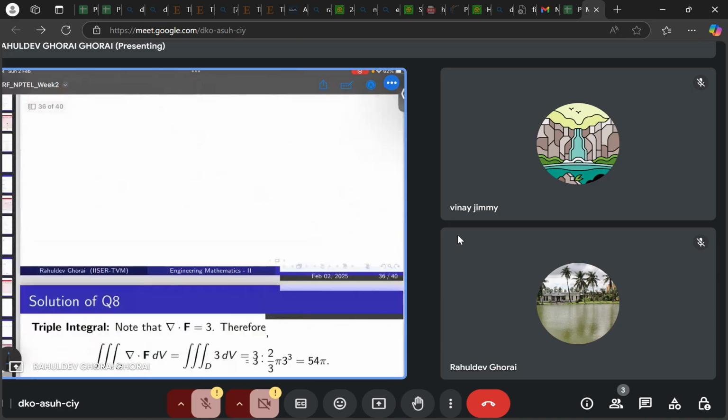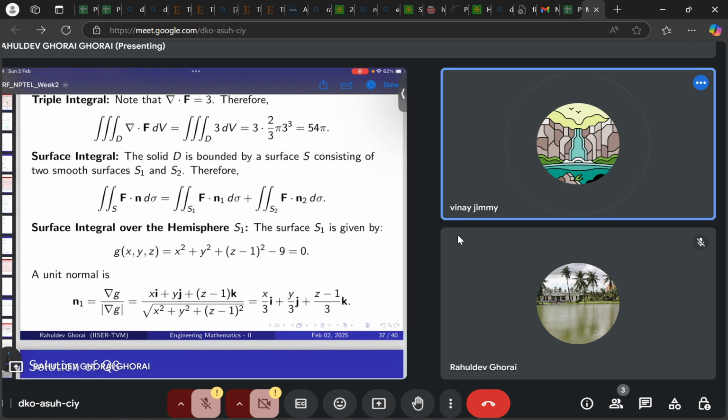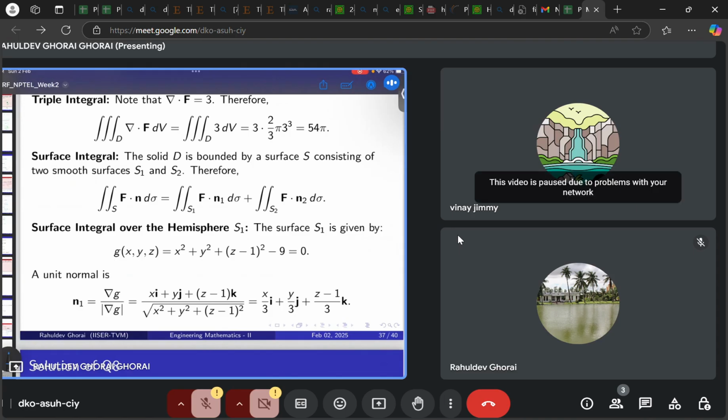So one has to be very clear about surface integral. Parameterization is not in this class, though I mentioned it in the last class. But for this week, it is these two you have to do.